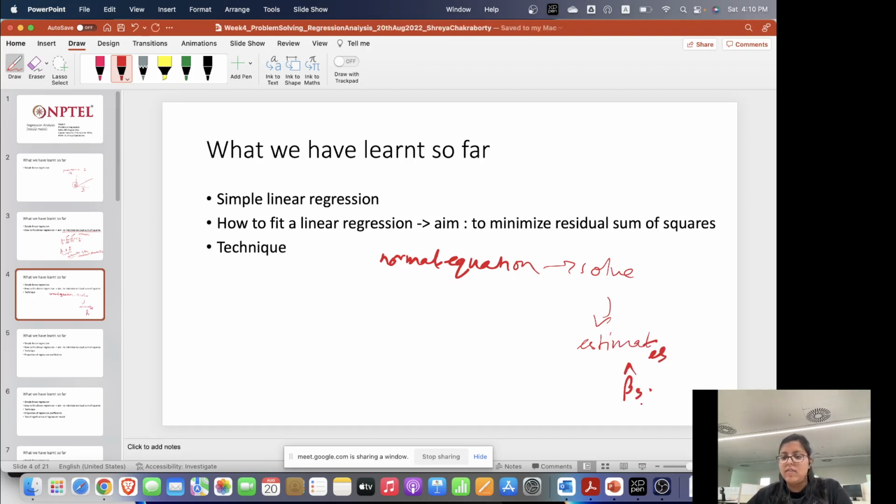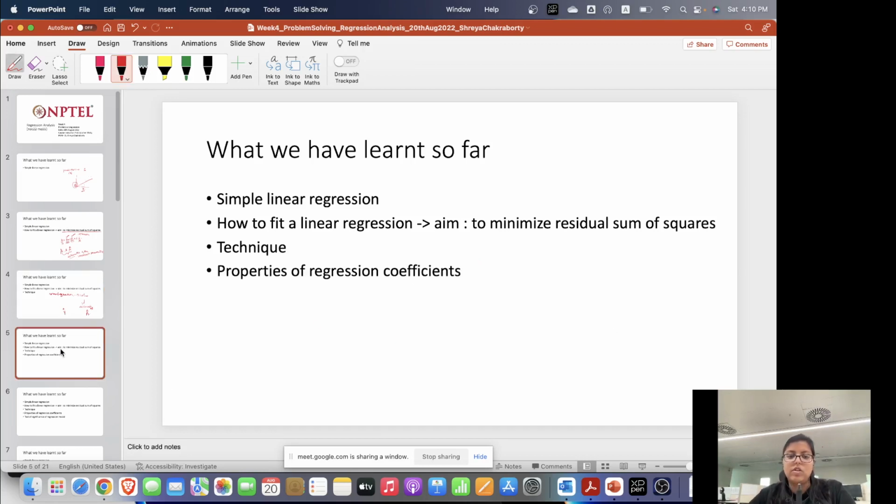Once we have the beta hats, we can get our predicted values, and from there we can also compute the residuals and perform subsequent calculations.